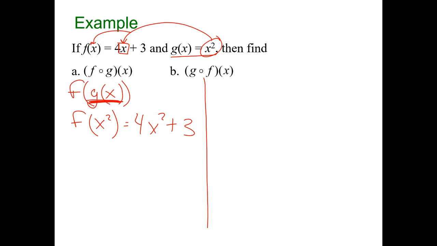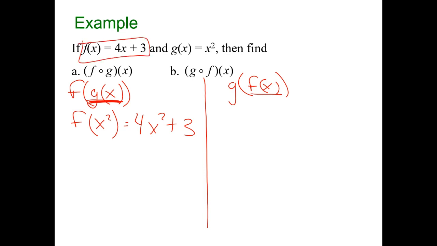When we change the order, again, it's going to make a difference, just like it did on the last side. Here I have g of f of x, meaning f of x is my input. So I'm going to take f of x, 4x plus 3, and it is going to become my input.